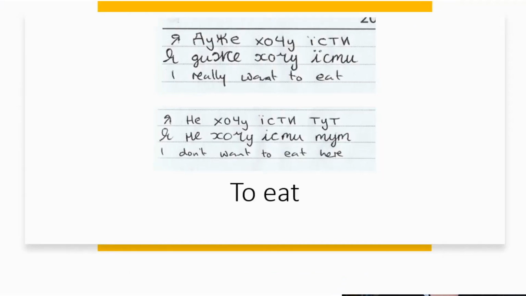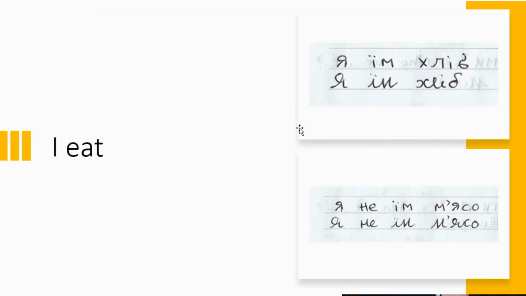So, for to eat, we've got jiste. I want to eat. Ja duže hoću jiste. So that's to eat. Ja ne hoću jiste tut. I don't want to eat here. So that's to eat. Їсти.